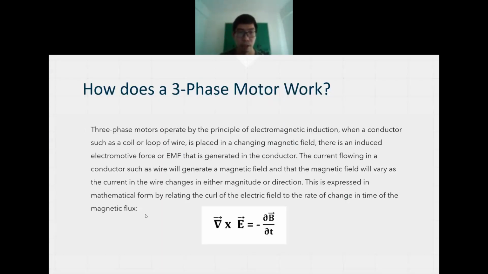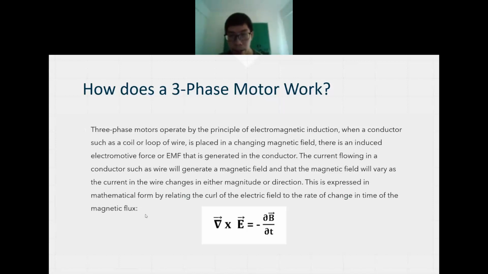How does a three-phase motor work? Three-phase motors operate by the principle of electromagnetic induction, in which a conductor such as a coil or loop of wire is placed in a changing magnetic field. There is an induced electromotive force or EMF that is generated in the conductor.